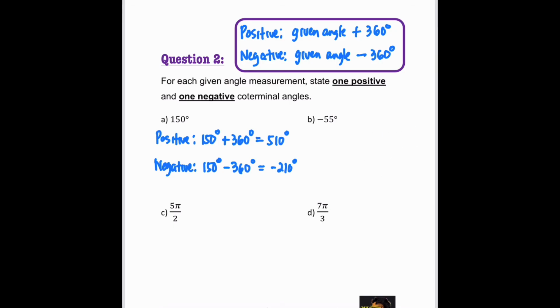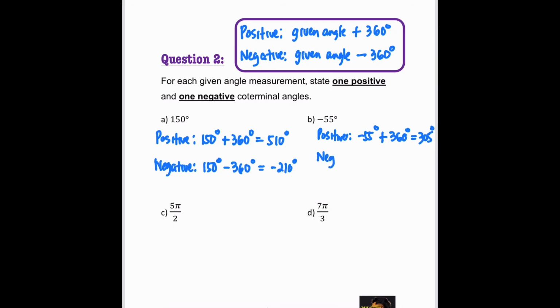Now, you can pause the video and find one positive and one negative coterminal angle for negative 55 degrees. All right, so let's check your work. For positive, we take negative 55 degrees plus 360 degrees equals 305 degrees.